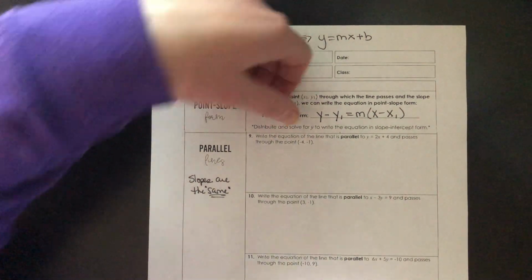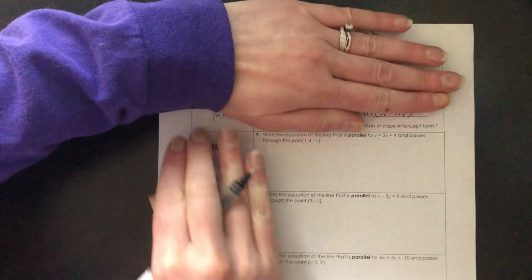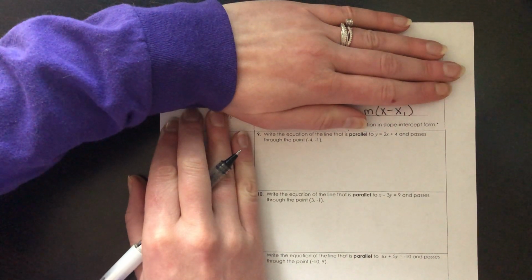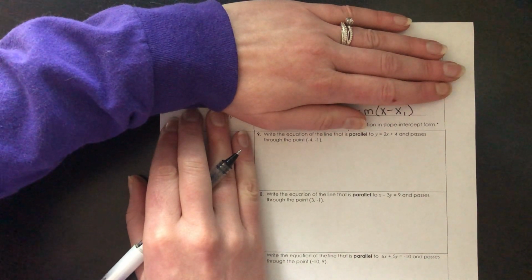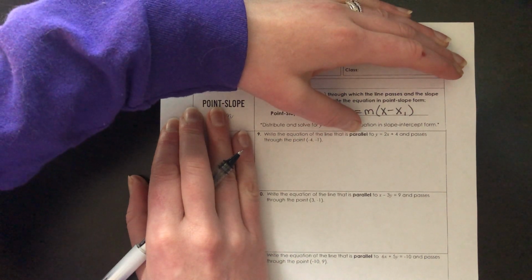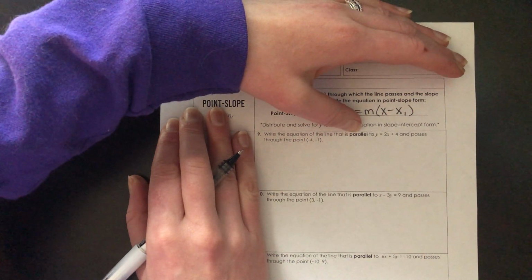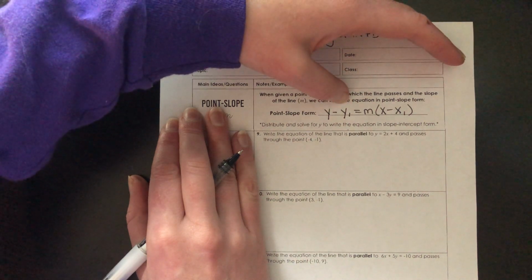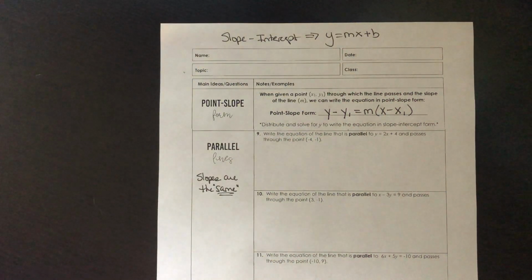So if you were reading this question, you're like, okay, they gave me a point, they're talking about parallel, so I must need to talk about slope. Oh, point slope form, point slope form.